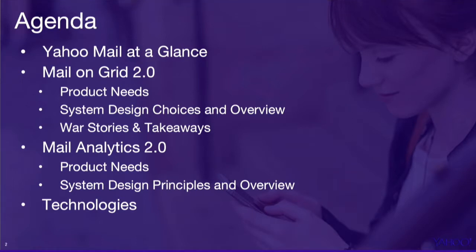First, I will go over the Yahoo Mail business, especially from a data perspective. And then I'm going to cover 2 of the systems that we have built. One is what we call Mail on Grid 2.0, and the other is called Mail Analytics 2.0. These are fairly complex systems. In the amount of time we have, we only want to highlight certain things that we hope are of interest to you.